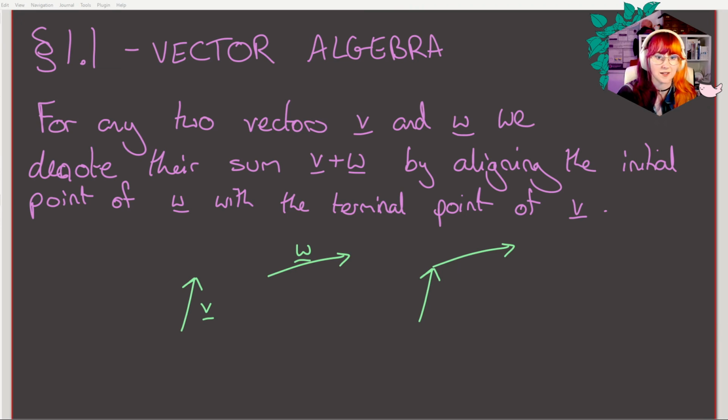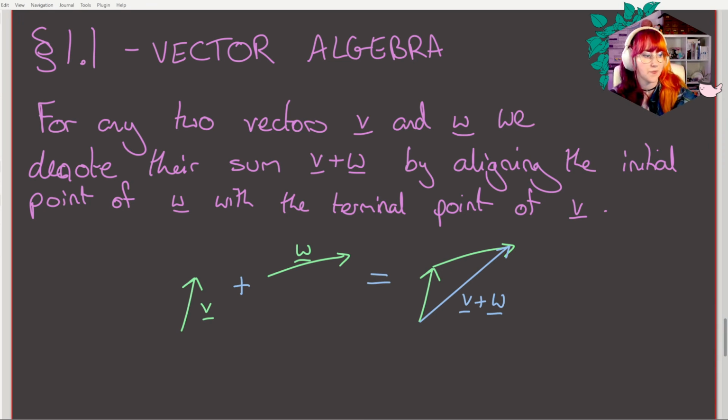And what that then gives me is that vector there, which is then V plus W. So I've moved along one and then along the other.